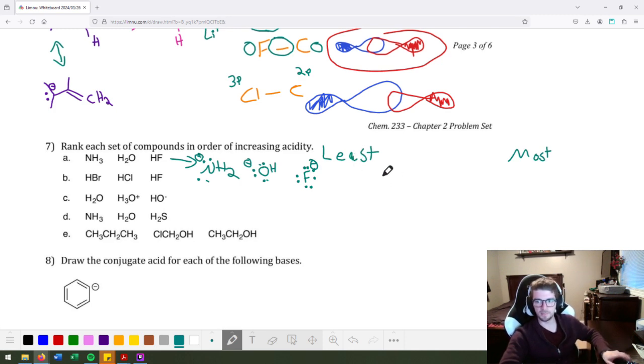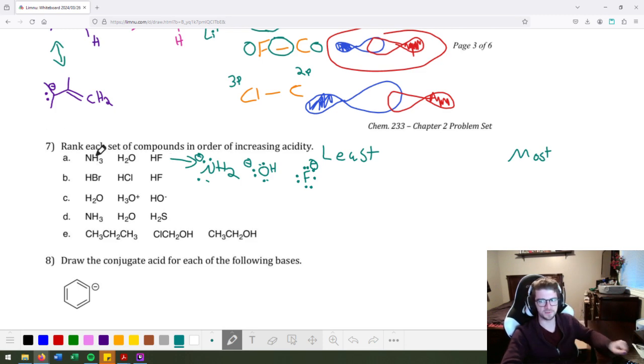Okay, so this is in fact the correct order of least to most. The amide is the least stable, the fluoride is the most stable, so ammonia is the least acidic, hydrofluoric acid is the most acidic.